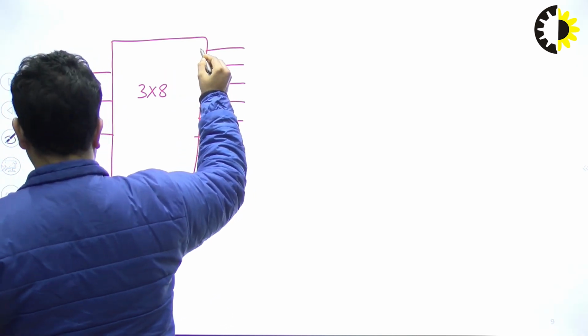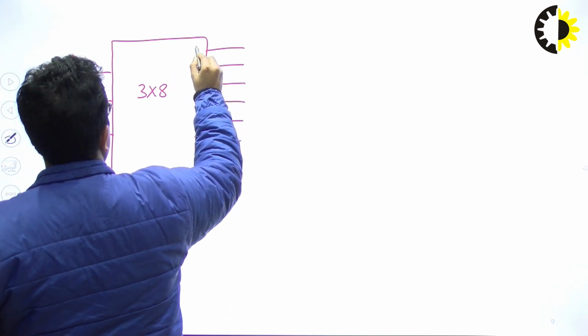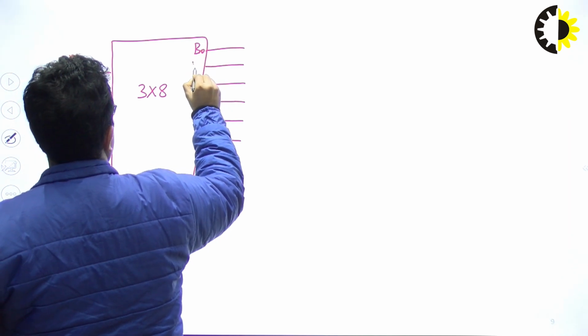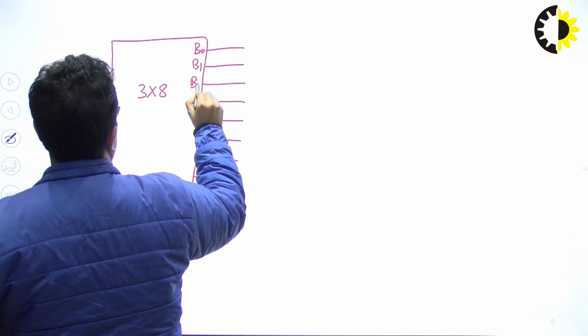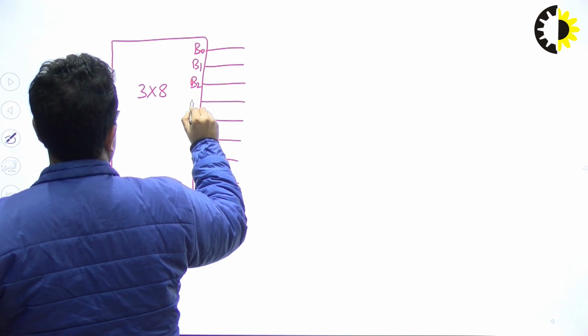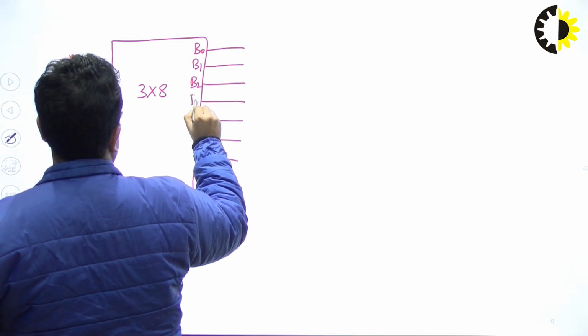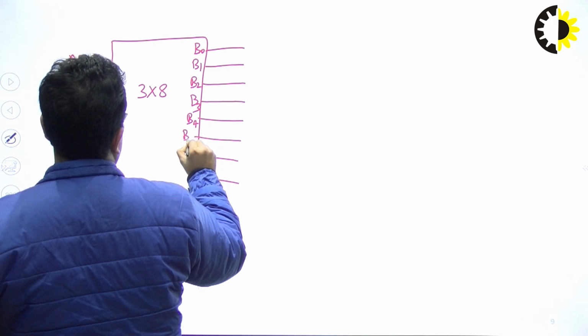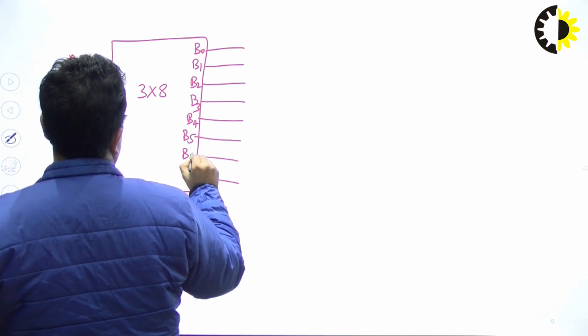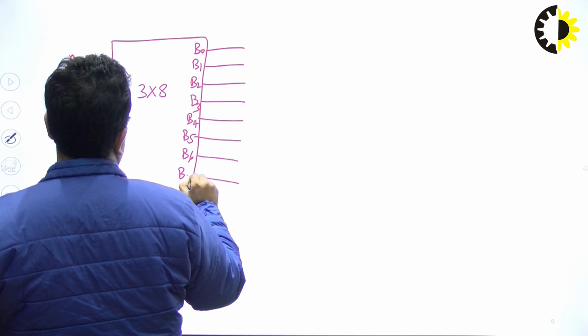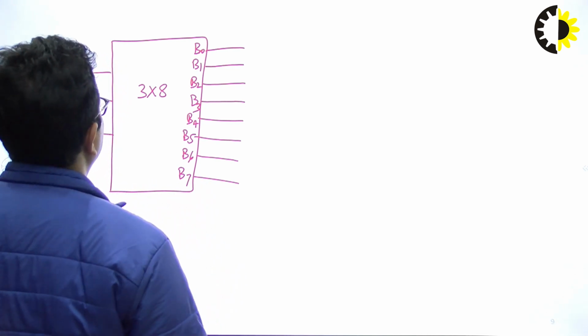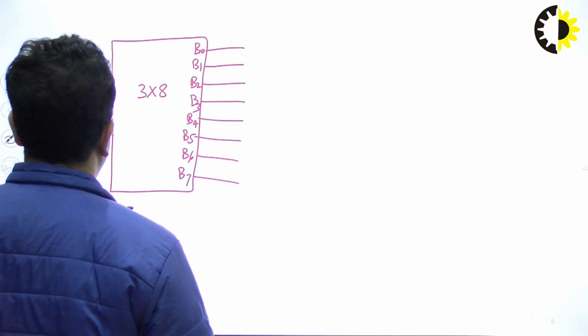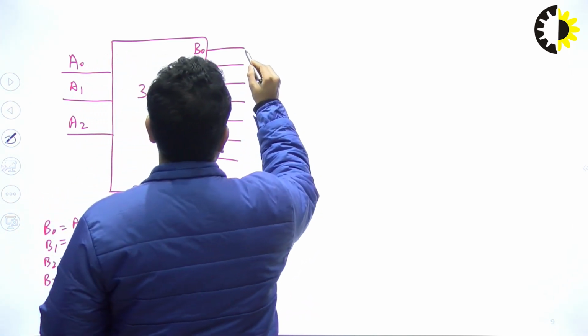Now, based upon these minterms, we can get the output. So here it is your B0, B1, B2, B3, B4, B5, B6 and B7, right? So we are getting these outputs.